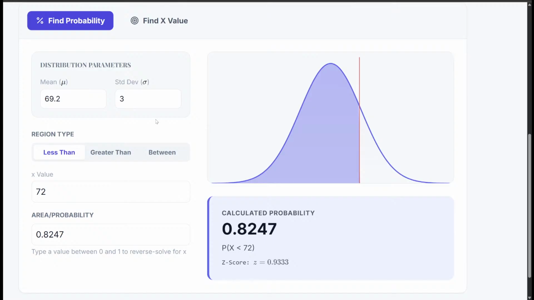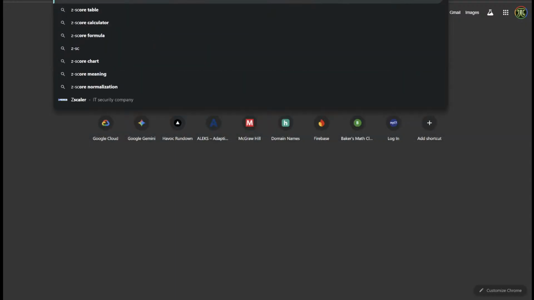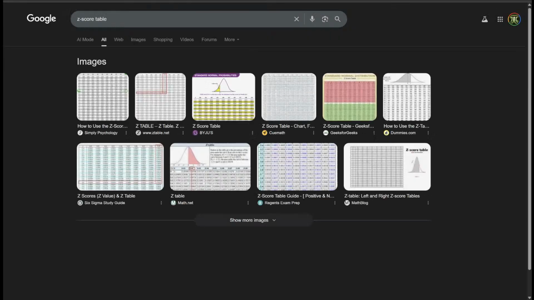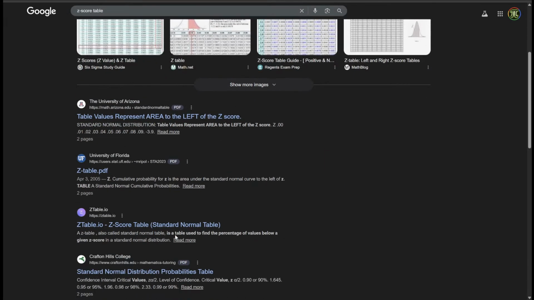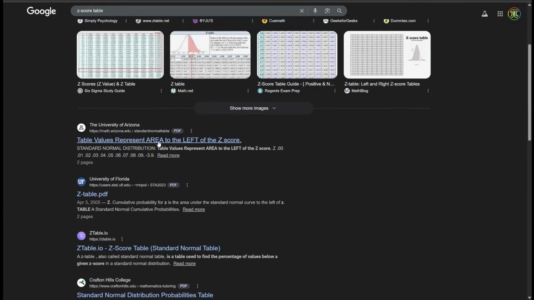StatCrunch can come in. If you actually have the book, there are tables in the back of the book that'll help you with it too. I'll actually show you the table. The tables are actually kind of cool. Z-score table. We can use Arizona.